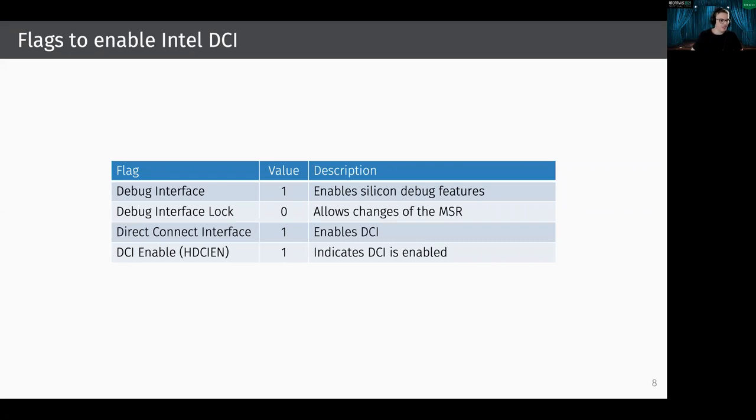And on some platforms, there's also a vulnerability that allows you to write during runtime into the corresponding registers. Then it's also possible to activate DCI from the kernel or from the UEFI shell. But in our case, this was not possible.